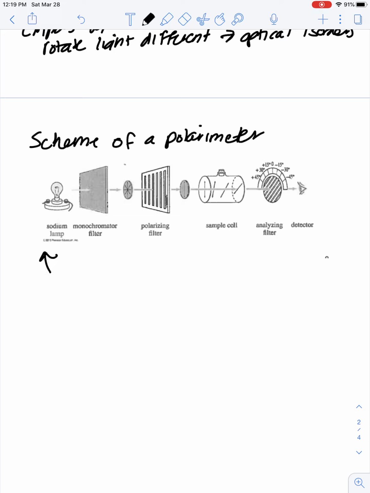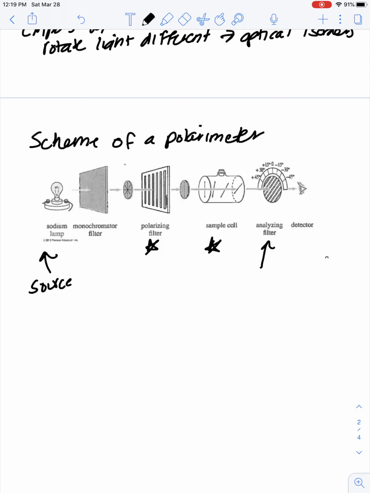Sodium light is our source, which is commonly used as a source for a polarimeter. The light originates at the source and passes through the polarizing filter, shown here, and the sample cell. An optically active solution is going to rotate the plane of the polarized light. It's going to turn until a maximum of light is observed, and then the rotation is read out.